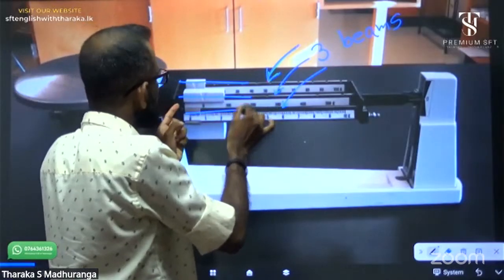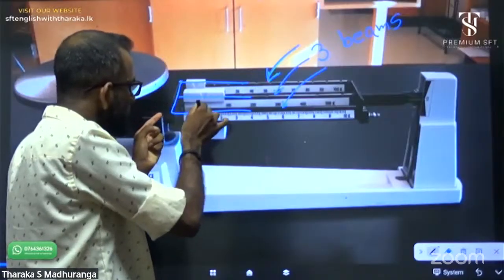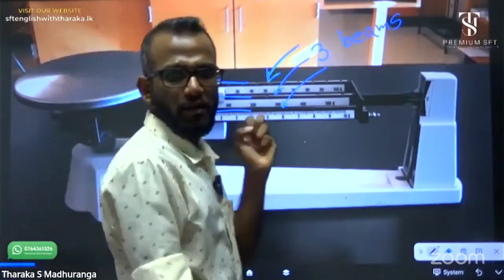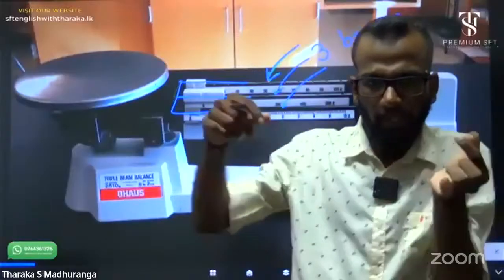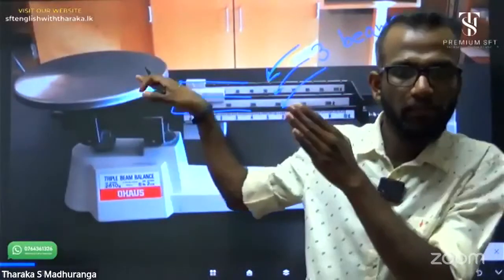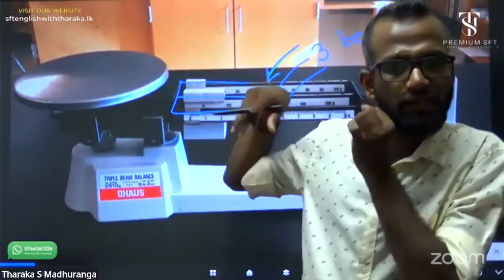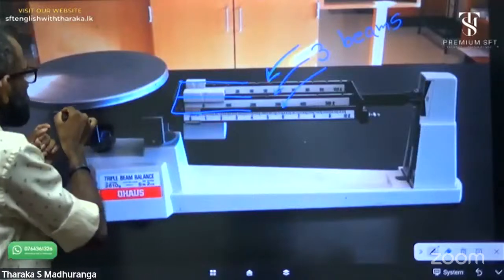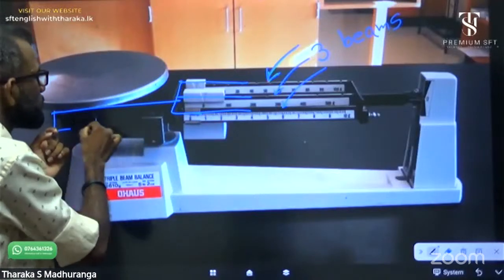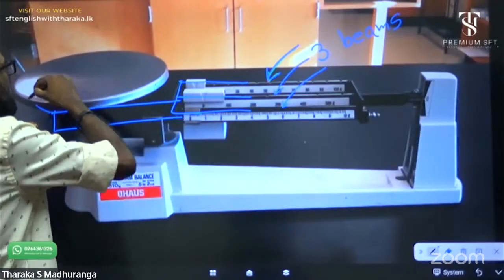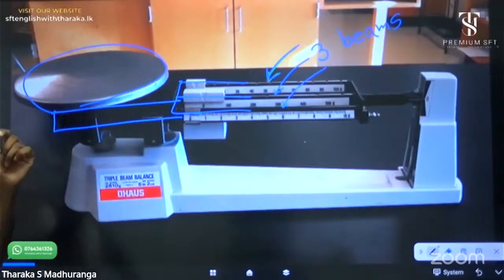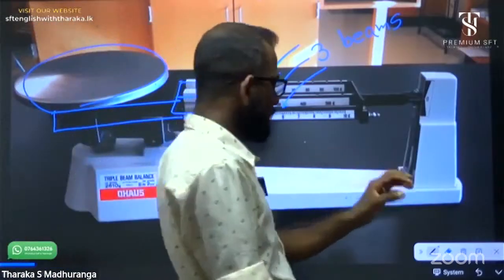All beams, very important, are connected as one beam here. All three beams are connected to one rod. Then, at the end of this single beam, a measuring pan is connected.